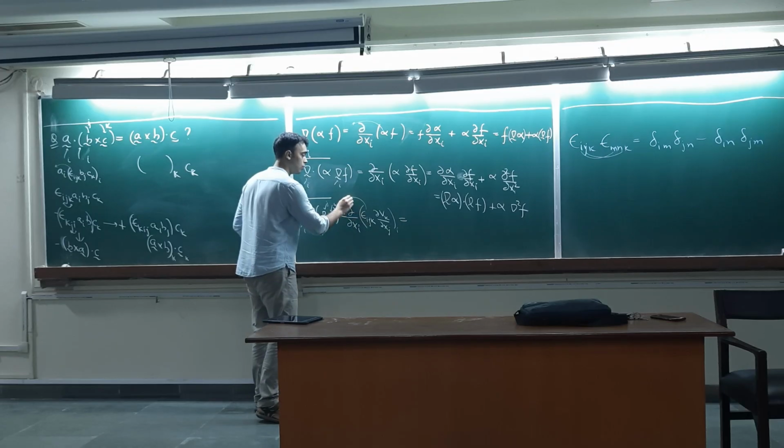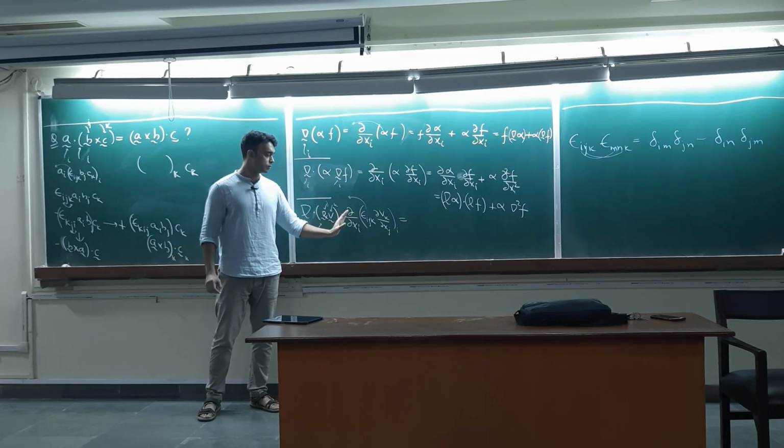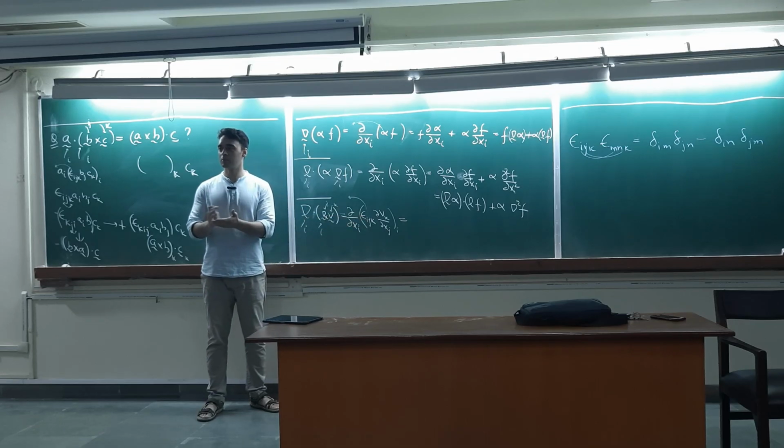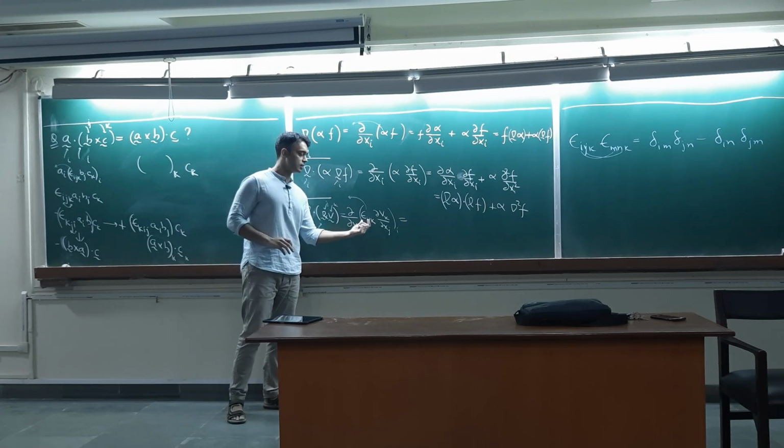Can we take this out now? I told you that you have to respect the boundaries here, but can we take this out? Why not? Derivative, but this guy is not a function of space. It just has values +1, -1, 0. Right? So it's purely a logical parameter.